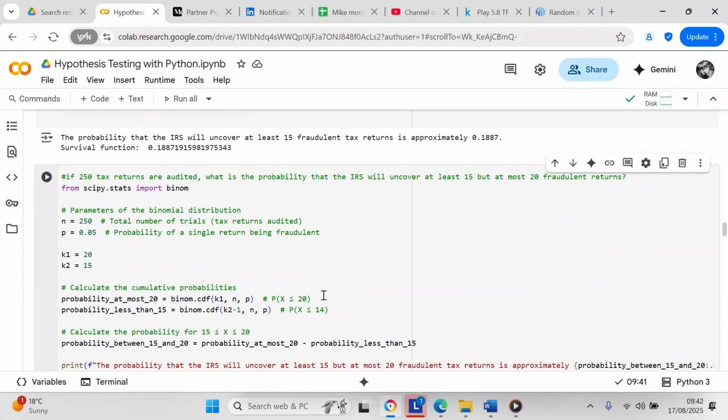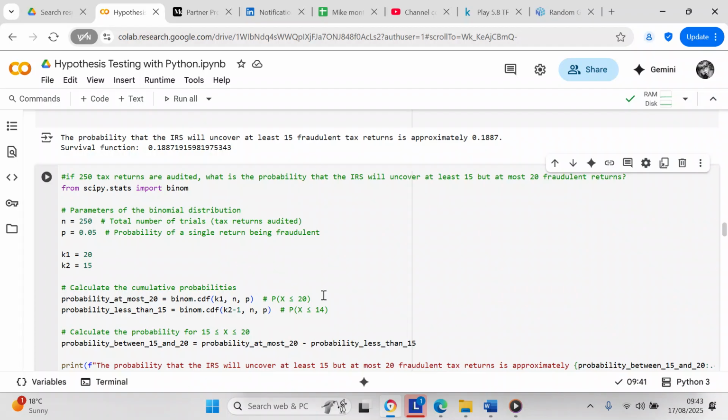N is the number of tax returns audited, being 250. P, the probability of a single tax return being fraudulent, is 5%. So K1 is 20 and K2 is 15.